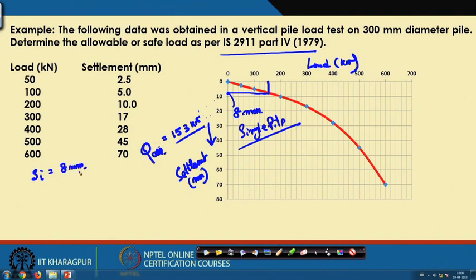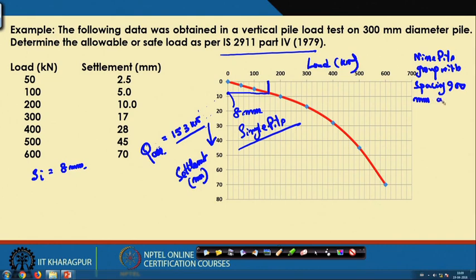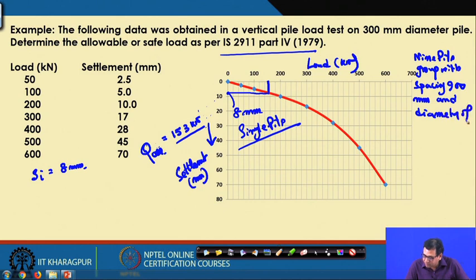Now, if you have a 9 pile group with spacing 900 millimeter and diameter of pile 300 millimeter, then what is Sg, the settlement of the pile group in sand?